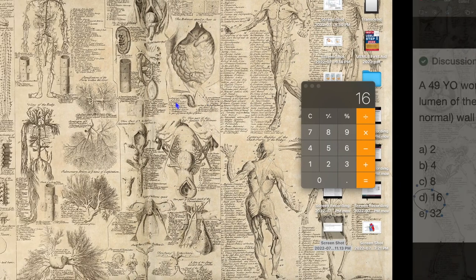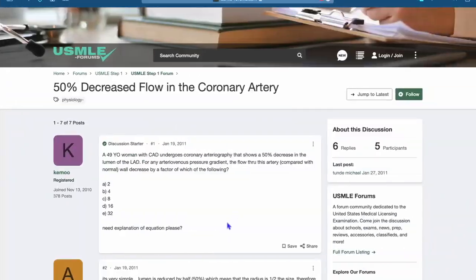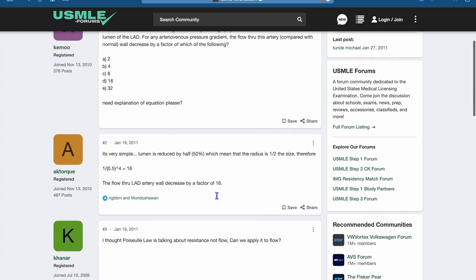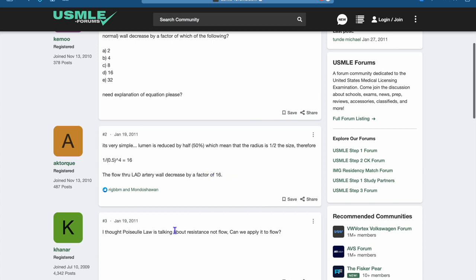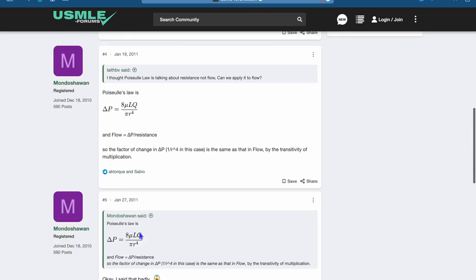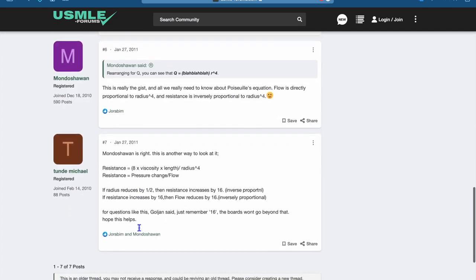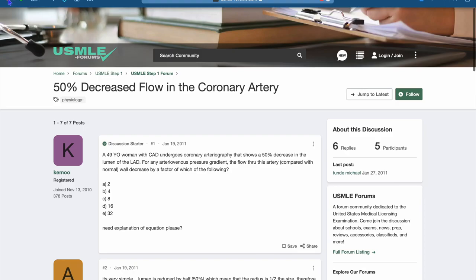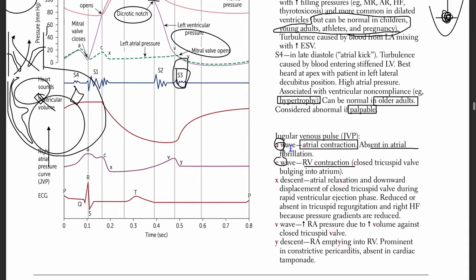Cool. So that's how, very simple. The lumen is reduced by half the size, therefore the flow through that is decreased by a factor of 16. That's Poiseuille's law. So the factor changes from that to that. I showed you that in case you want to pause it and watch that later. Okay, continuing.